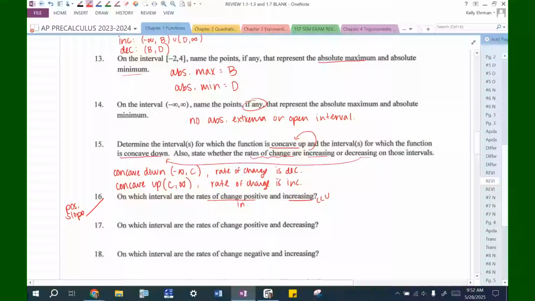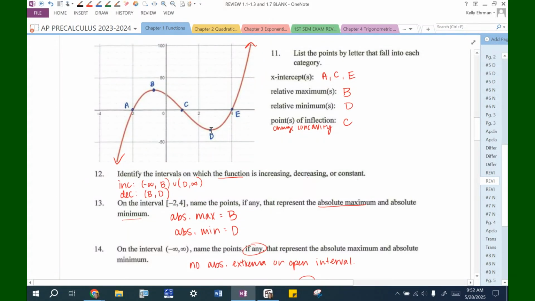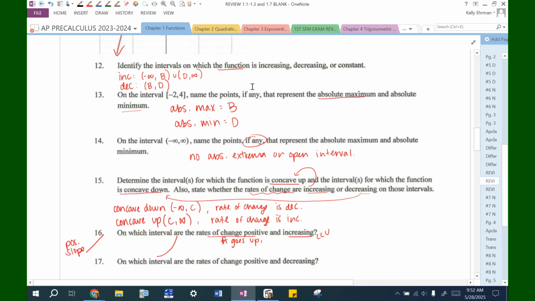So instead of writing increasing, I'm going to write F goes up and it's concave up. So something like this is what we're looking for. So find that section. Going up, concave up, yes, D to E, but also E to beyond. So D to infinity, that whole section is increasing and concave up.